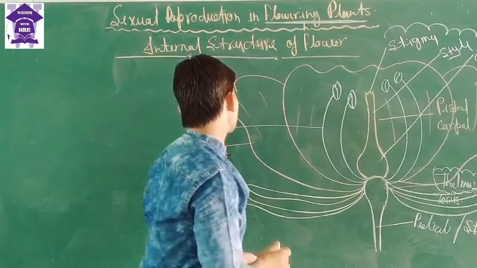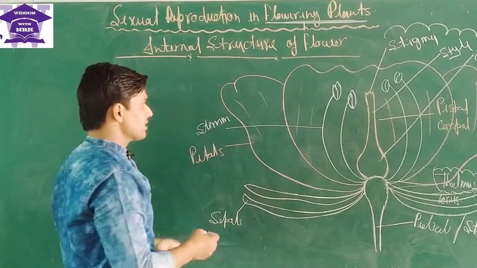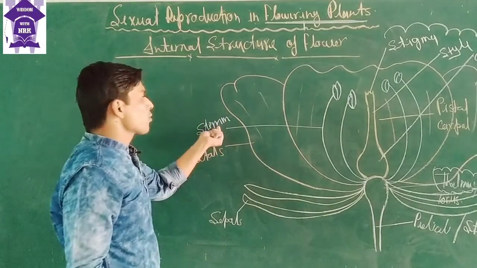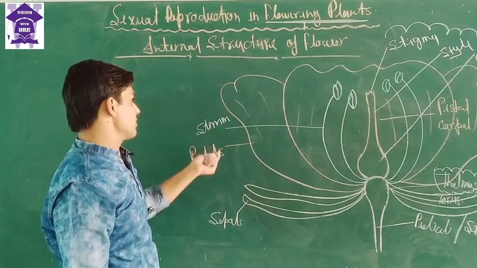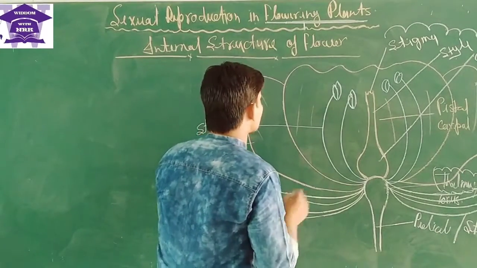Now we will reach the next one, the stamen. This full part is known as the stamen. This is the male reproductive organ of the flower, and it is divided into two main parts.